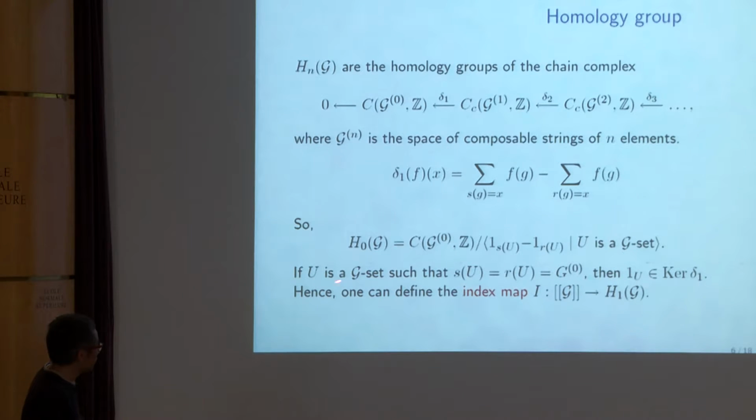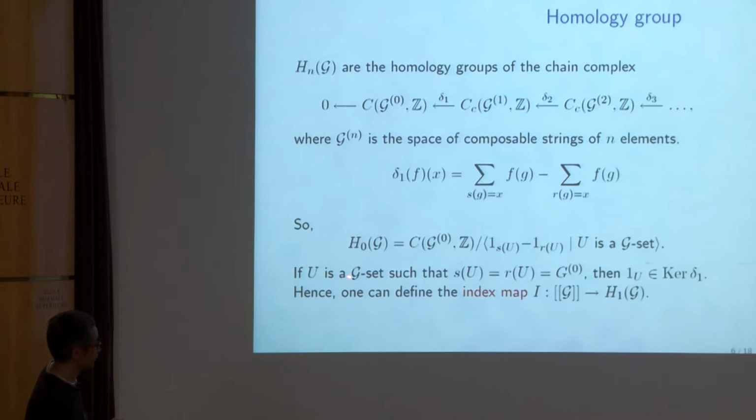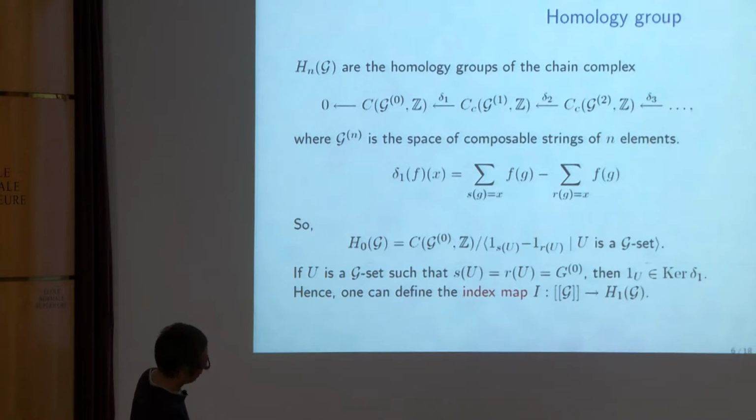And from such a U, I can consider its associated element of the topological full group. So one can define the index map I from the topological full group to H1. Yes. I can map the element of the topological full group to the equivalence class of this cycle, 1_U.